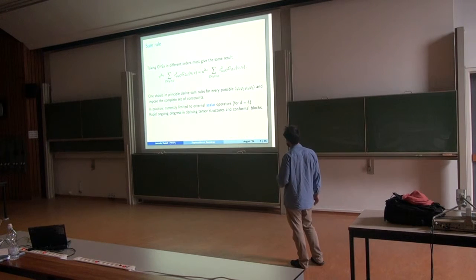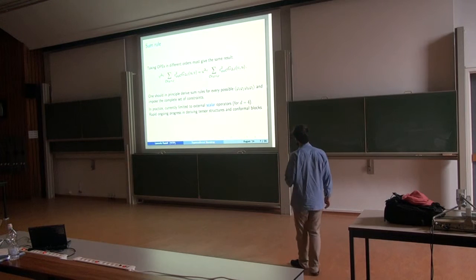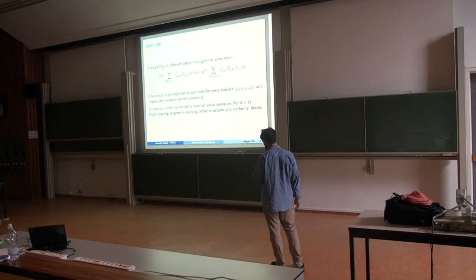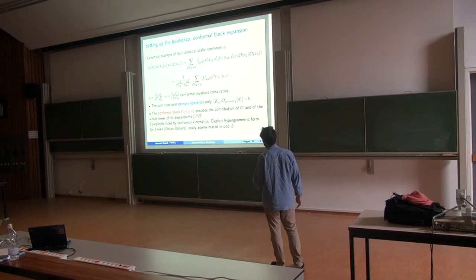As I was emphasizing earlier, performing the OPE in different orders must give the same result. But if I have, like here, identical operators, clearly the kind of operators that appear in multiplying these two operators are the same as the ones that appear multiplying the first operator and the third, because the operators are identical.